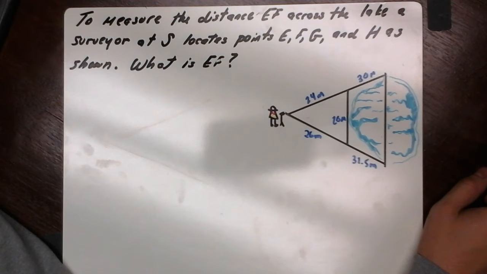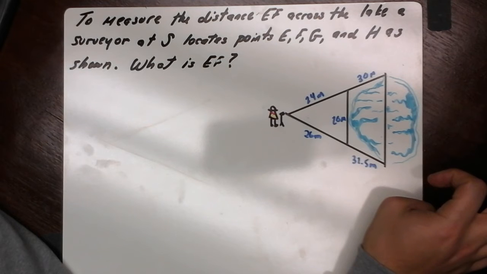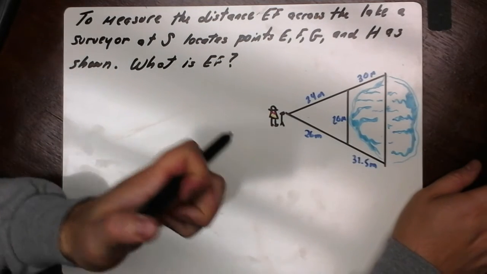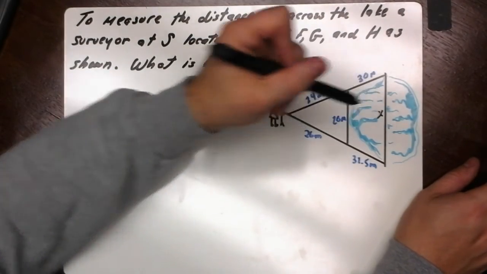Now, the best way for me to do this is to separate these two triangles. I know that this stuff is proportional, but the problem here is I need x.